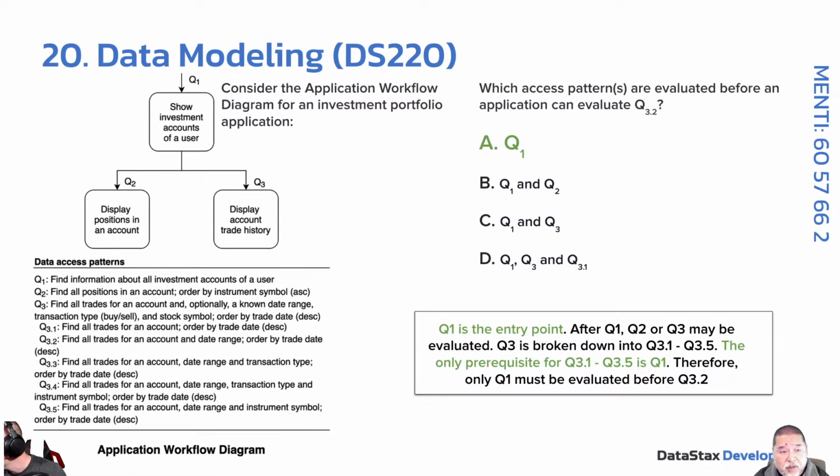The answer here is A, simply Q1, because after Q1 you can do Q3, but Q3 is sort of an abstract query, if you want to think in object-oriented terms, and its actual queries are 3.1, 3.2, 3.3, 3.4, and 3.5. So that's really just a look at that diagrammatic form. Correct answer is A. Excellent.